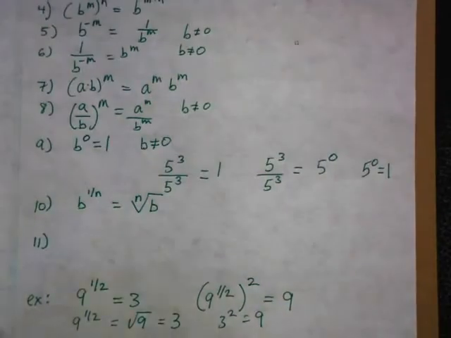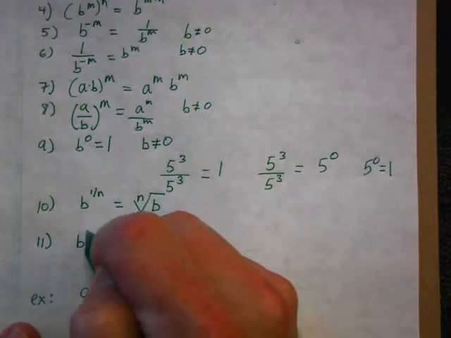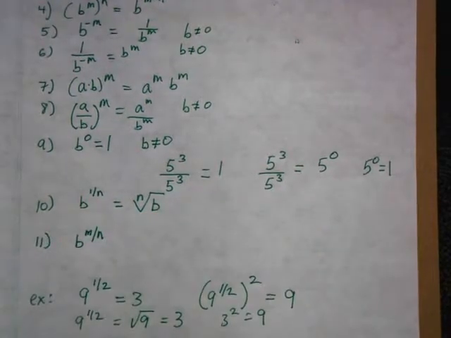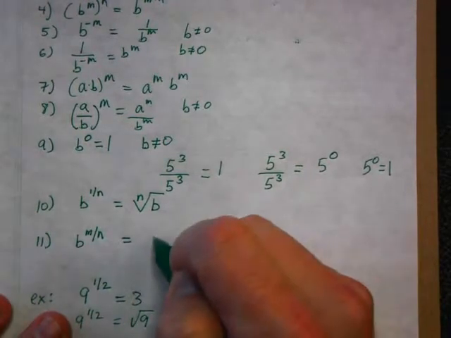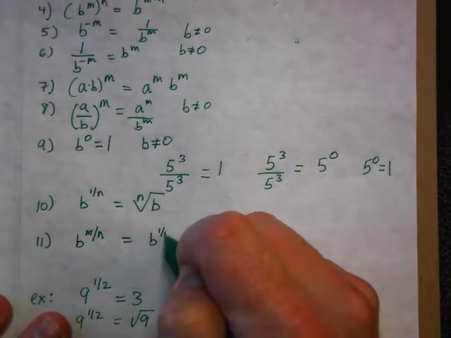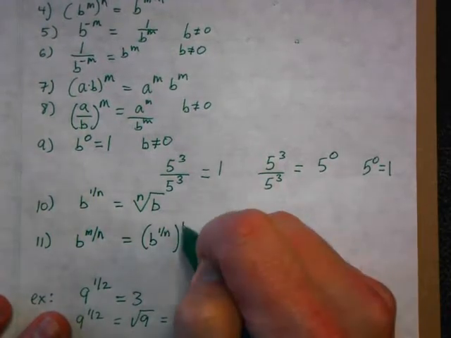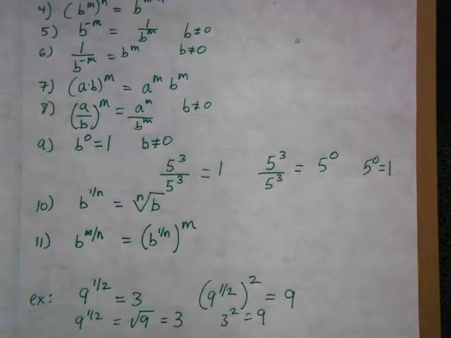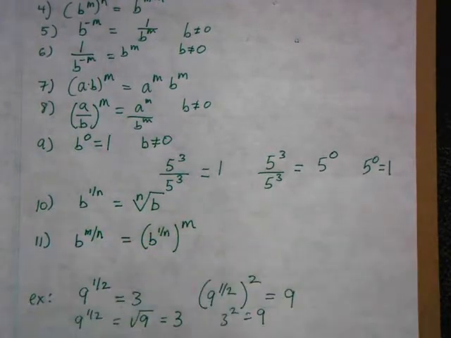All right, and then our last rule. What if I don't have the number 1 up on top of my exponent? What if I have b raised to the m divided by n? Well, I'm going to write it this way: b to the 1 over n, raised to the m. How come those are the same thing? Well, what do you do when you have an exponent and then a set of parentheses and another exponent?